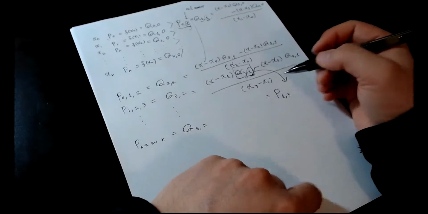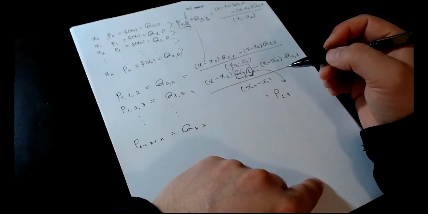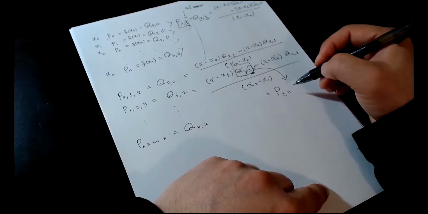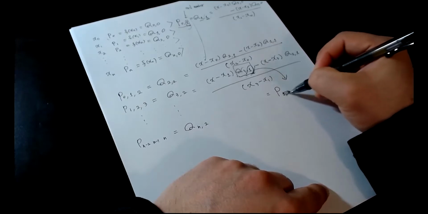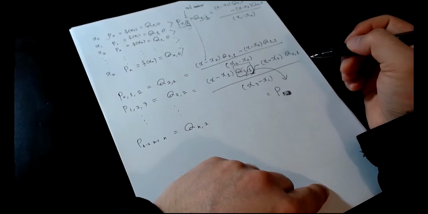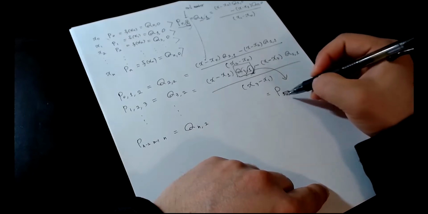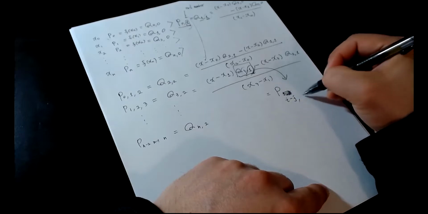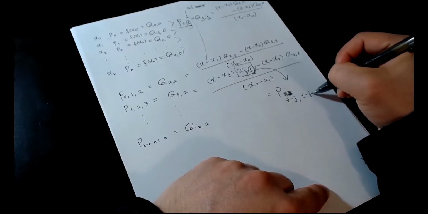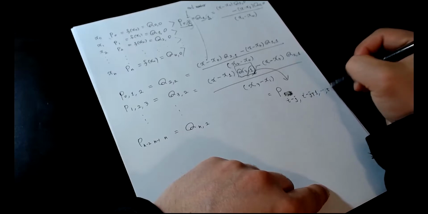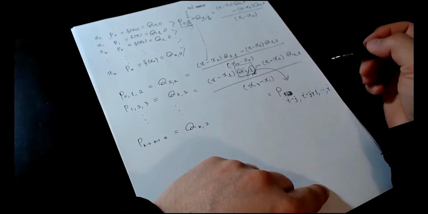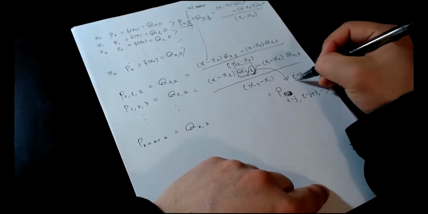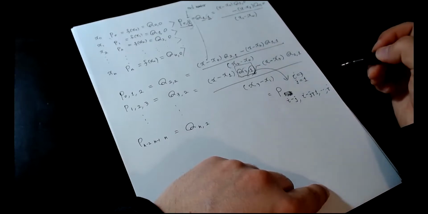So P1,3 is P_{i-j} and then i-j+1 through i. So what is i here? i is 3, right? And then j is 1.